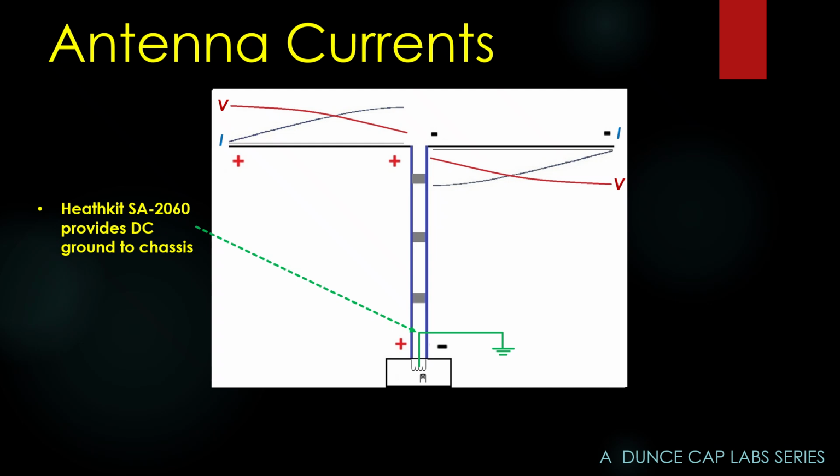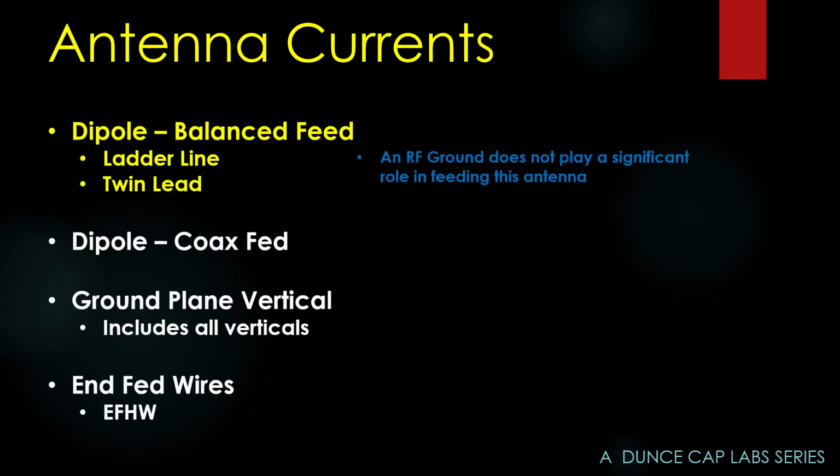So you can coil up your ground wire, you can run it 300 feet, and there's not a lot of consequence to that. I wouldn't do that, but you could get away with it. So the static ground, which I haven't talked about a lot, isn't that hard to get. All right, so an RF ground does not play a significant role in feeding this antenna.